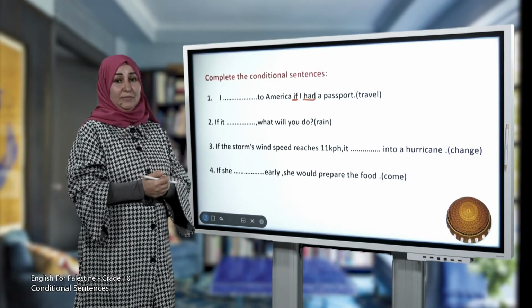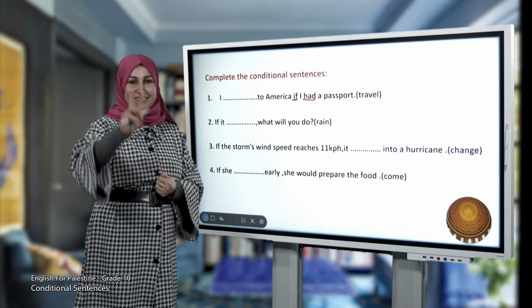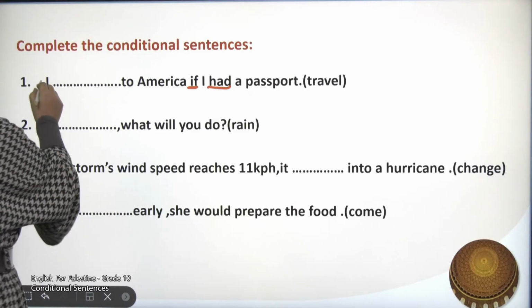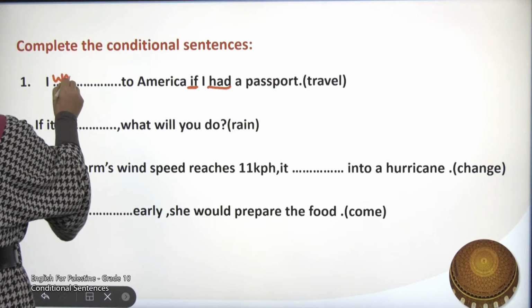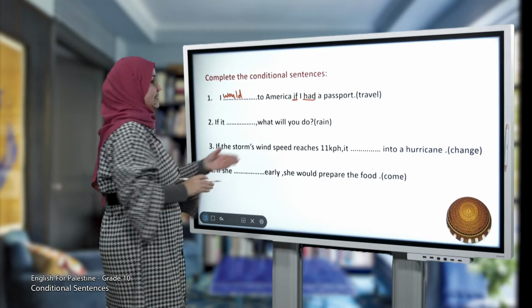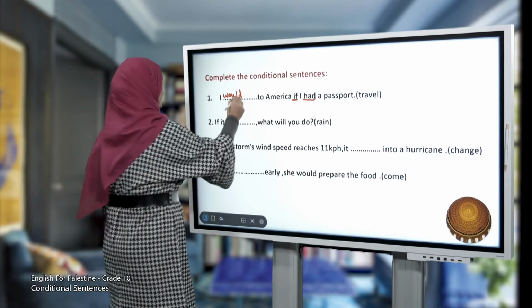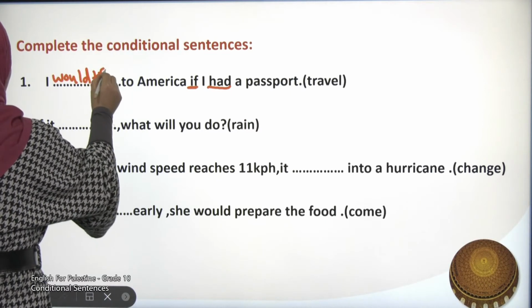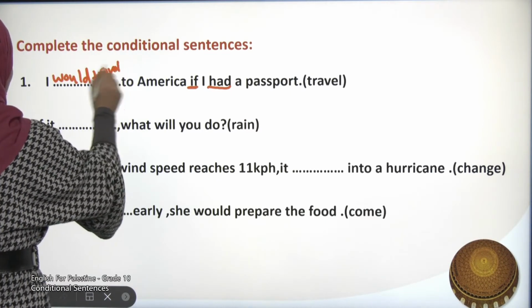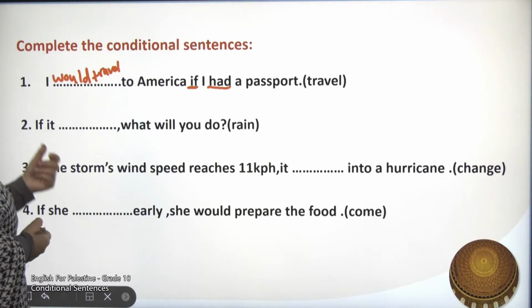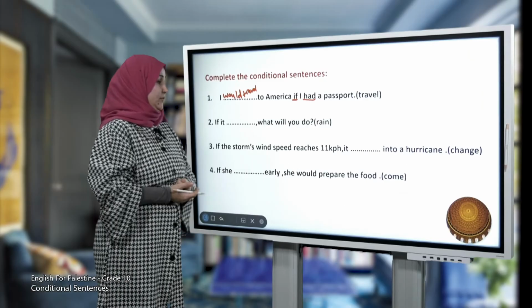So here we are talking about type 2. So what we have to do is to put would plus the verb between the brackets as it is. Travel.